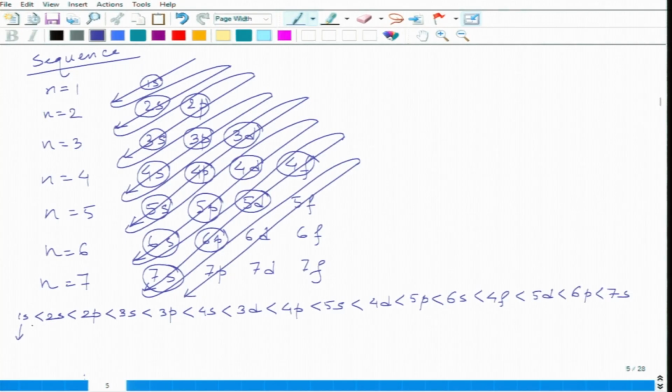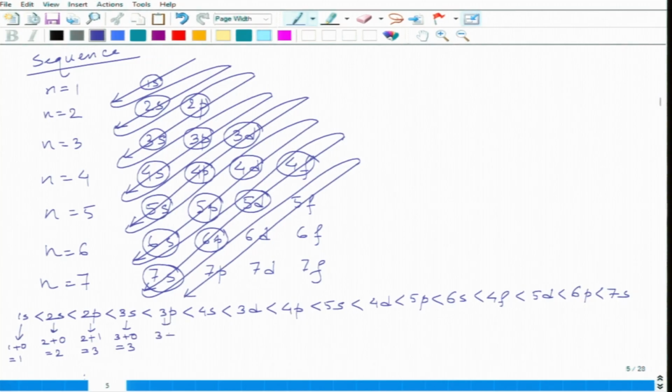So for 1s, n equal to 1, L equal to 0. So n+L is 1. For 2s, n is 2, L is 0. So 2. For 2p, 2 plus 1, that is 3. For 3s, 3 plus 0, that is 3.